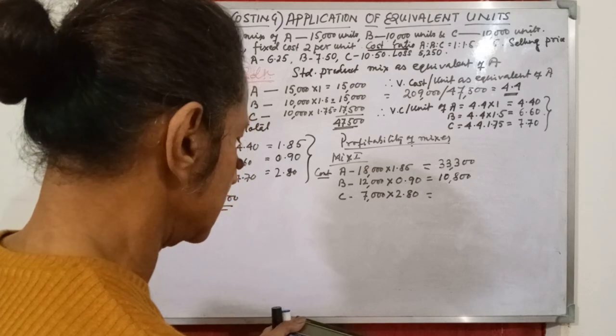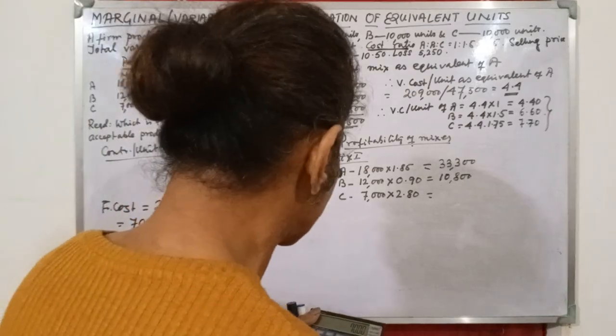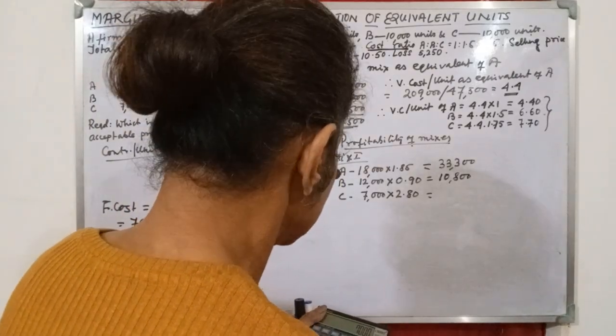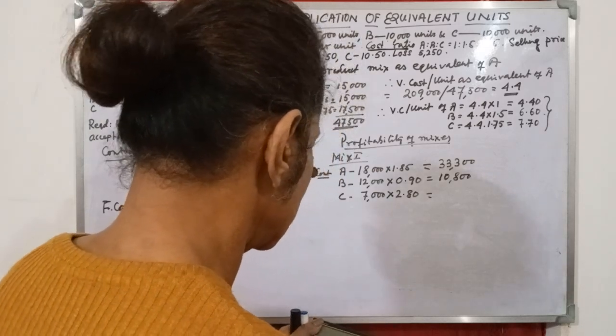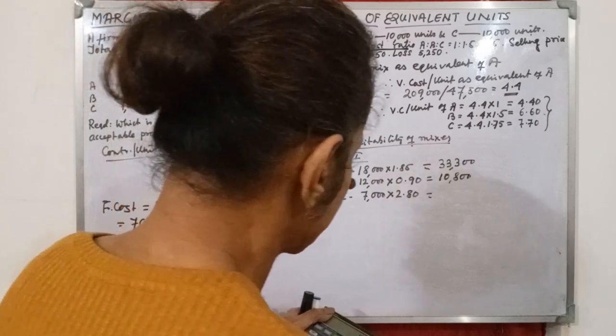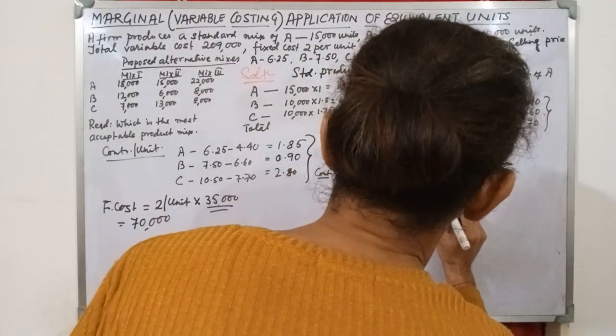And total contribution of C is 7,000 into 2.8, that is 19,600.